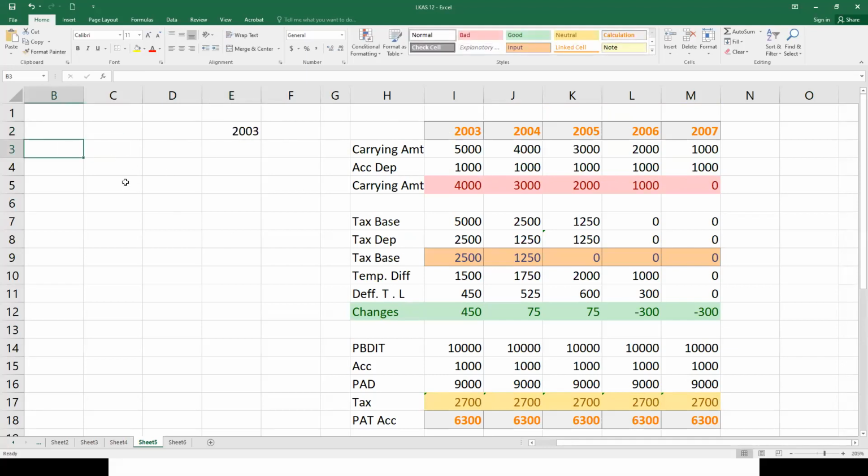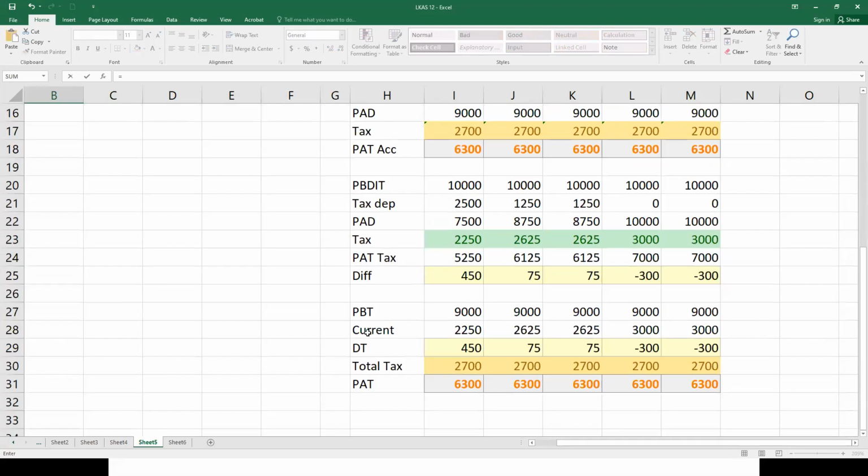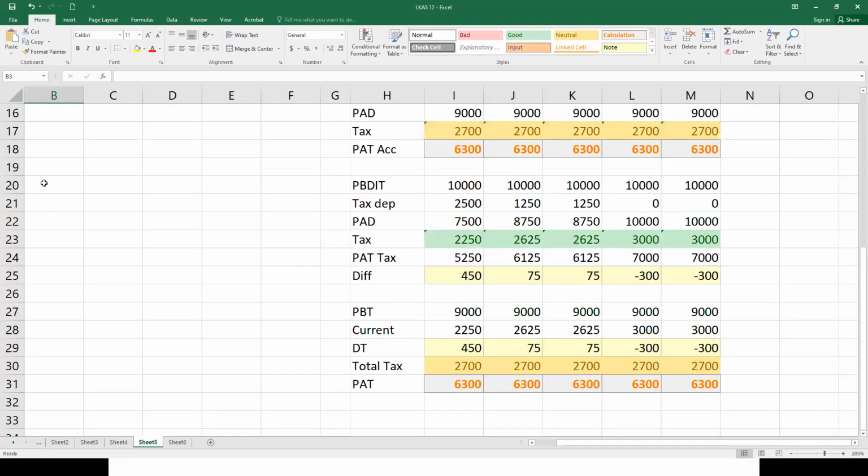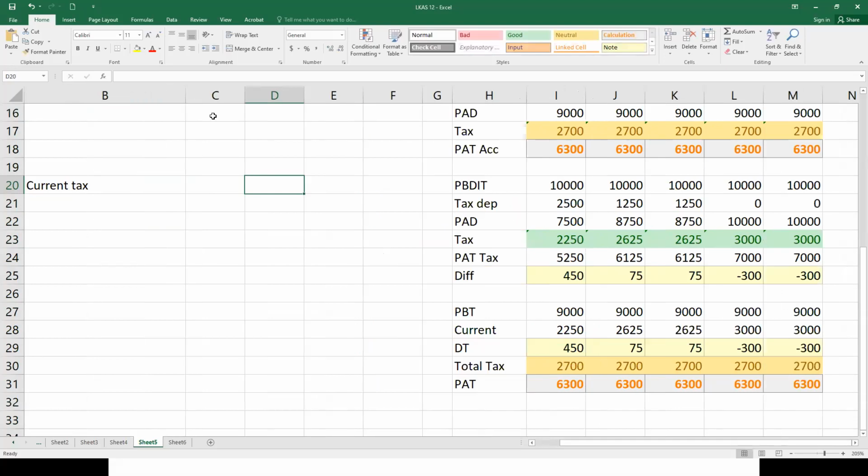We will pass the journal entry from here. Current tax in 2003.